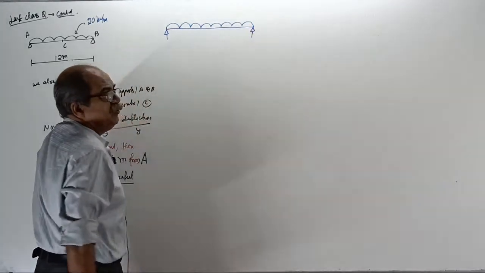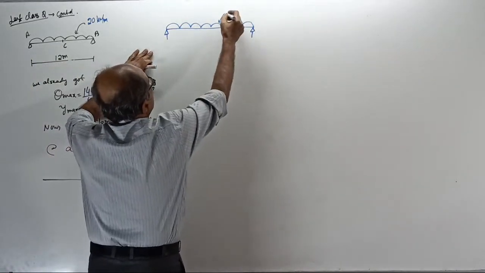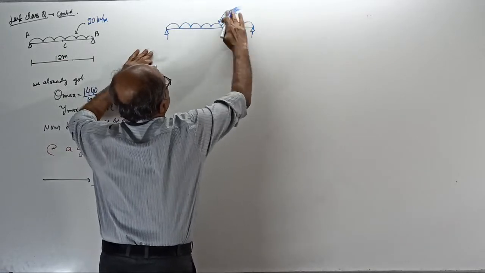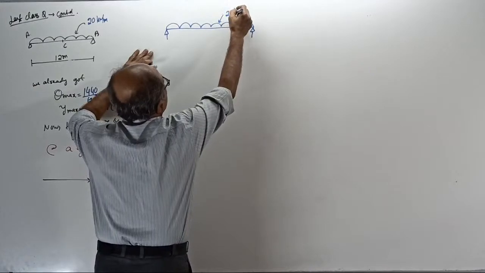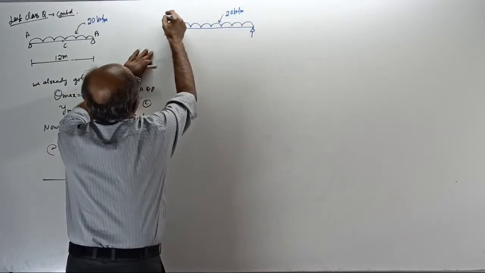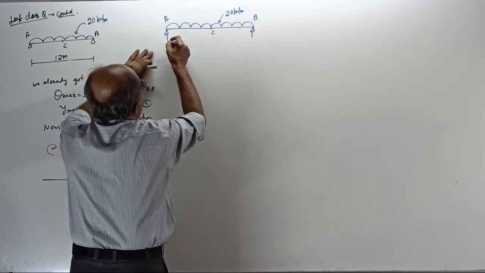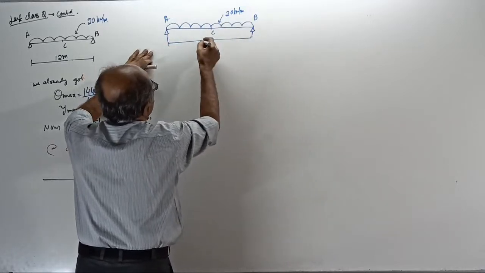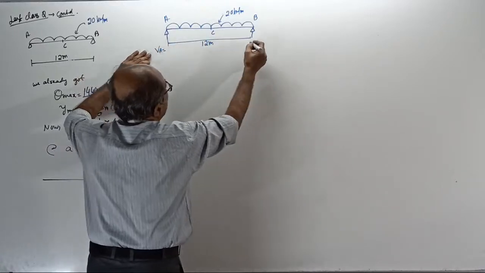Why? Because, see, this is 12 kN per meter. This is 20 kN per meter. Point A, point B, center is C, span is 12 meter. This is reaction VA, reaction VB.